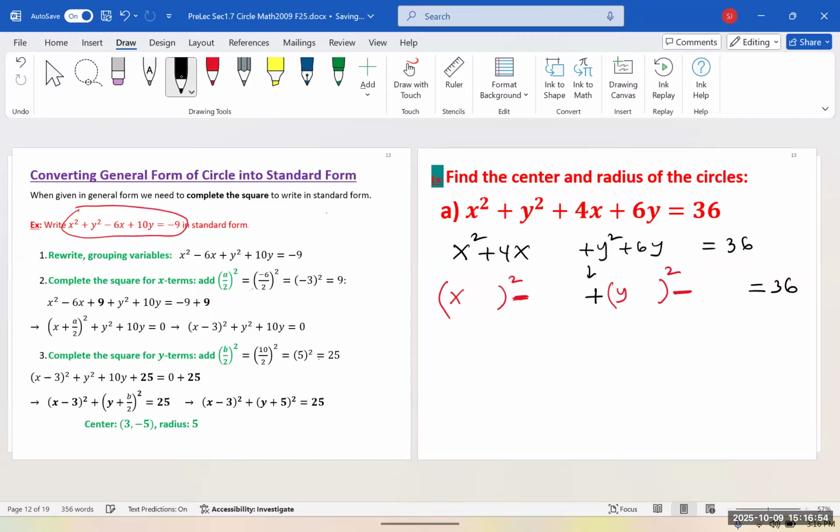This is the complete the square method. For the x's and for the y's, we only need two terms, x squared and 4x, y squared and 6y. Now, what goes inside, what goes outside? Who remembers that?